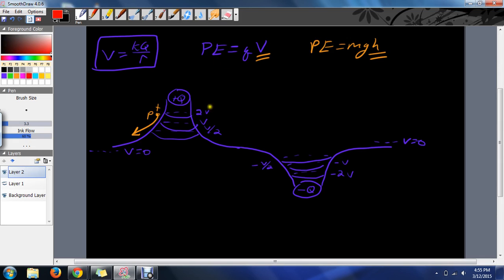So the catch is, of course, what if I put an electron here? Uh-oh. That negative charge screws everything up, right? So it wants to go uphill. It wants to go toward the positive or away from the negative, whereas the proton wants to go downhill toward the negative or away from the positive.